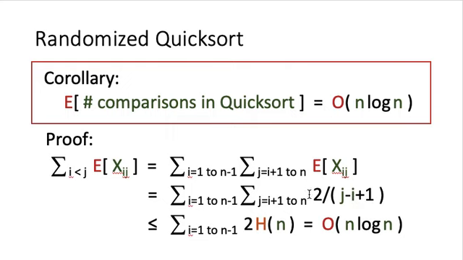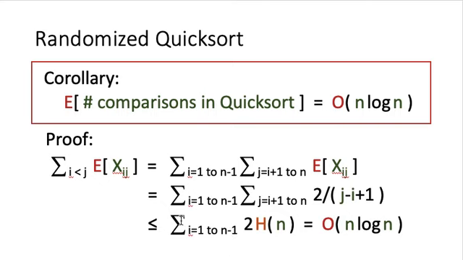Notice that this term sums everything from i plus 1 to n, so it will be smaller than or equal to the sum from 1 up to n, which is simply 2 times H of n. So the middle expression is smaller than or equal to what we get when we replace this summation part by 2 times H of n.